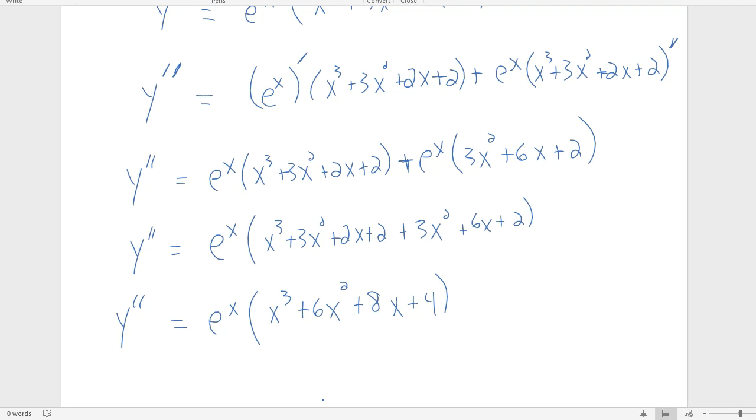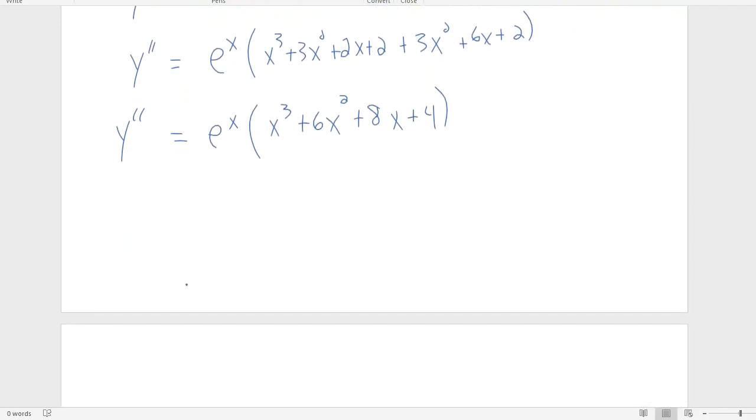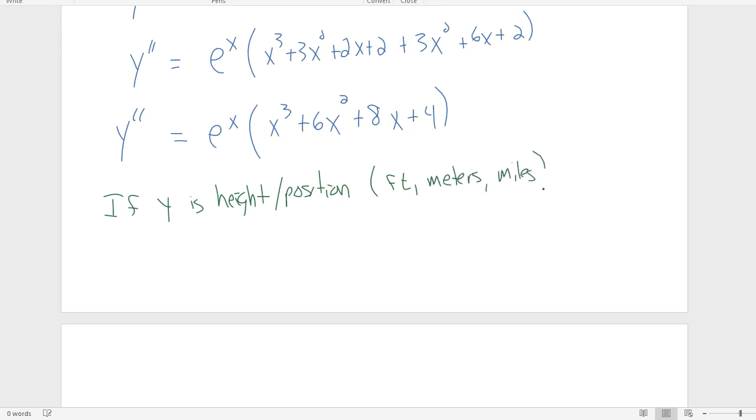So when I'm looking at an application where I have height or position as my function, so if y is height, or position function. And keep in mind, usually, we have units like feet or meters or miles, something like that.